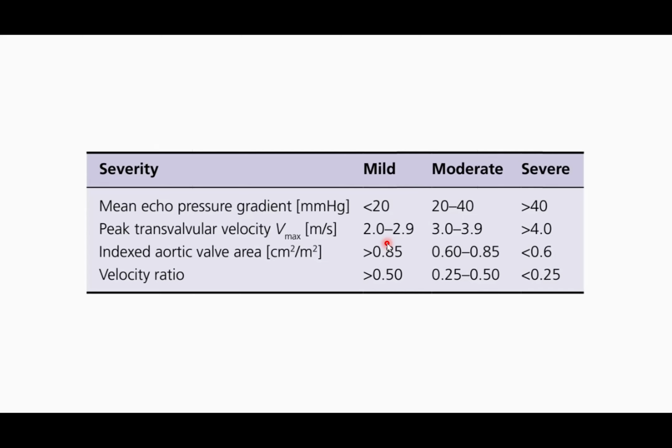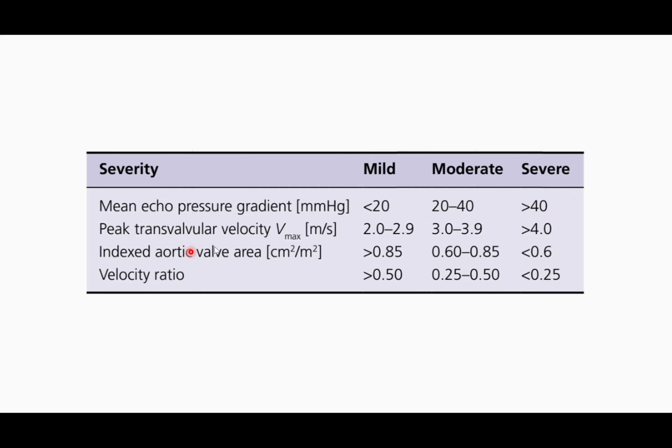These are the measurements. The mean, if you notice, usually, mostly the mean pressure gradient is measured, not the peak. As we said before, the mean is better. So if the mean is more than 40, this is considered severe. In other guidelines, more than 50 is considered severe.